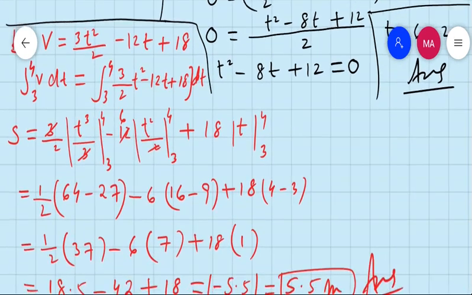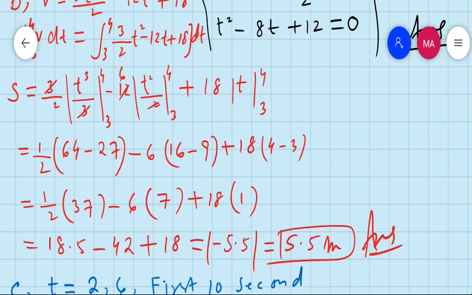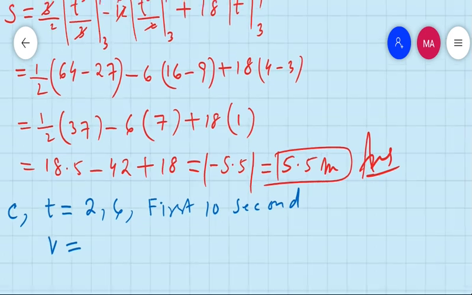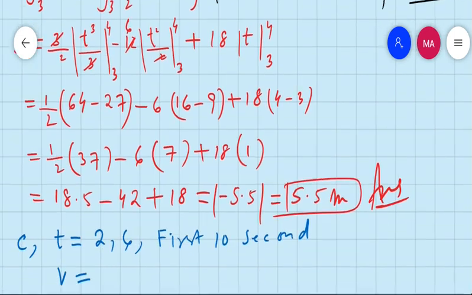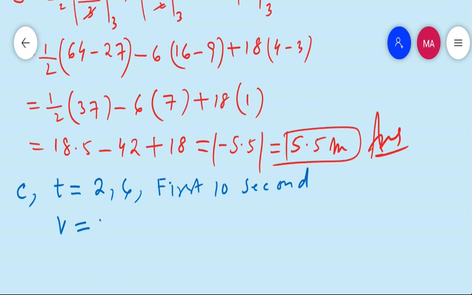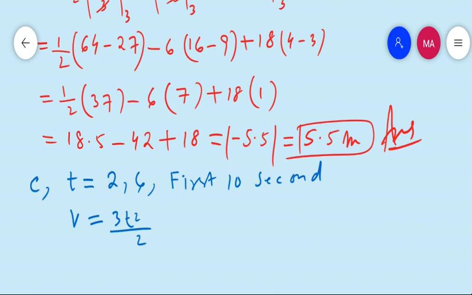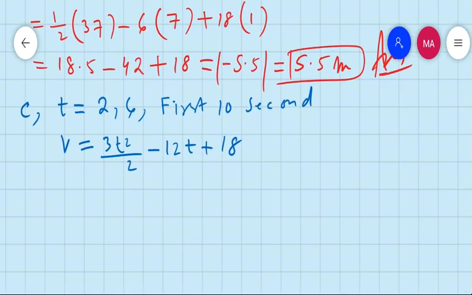The values of S are, yes, we have V, kindly wait, I want to write the value of V. The value of V we have found: 3t square upon 2 minus 12t plus 18. Now we have to find the total distance.